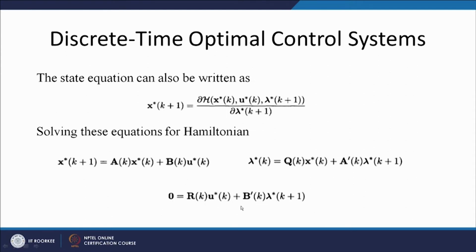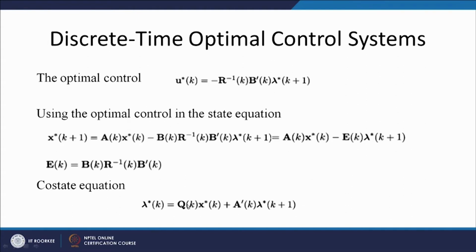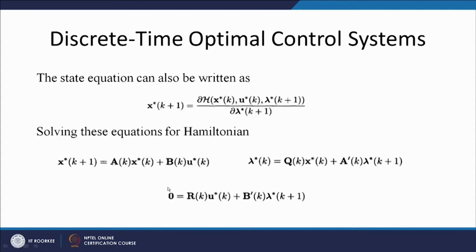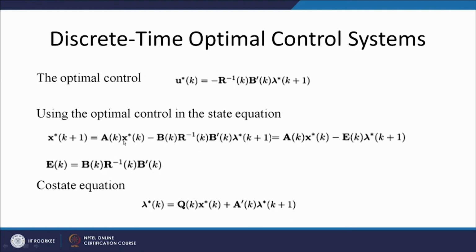So, directly I can write the value of u from this as minus R inverse B prime lambda k plus 1, and this u star k if I place in my state equation, this will be x star k plus 1 as A k x k, B k, in place of u k I am writing R inverse B prime lambda k plus 1, and I am defining B k R inverse B prime k as E. So, if E is defined, my x star of k plus 1 is A k x k minus E k lambda k plus 1.